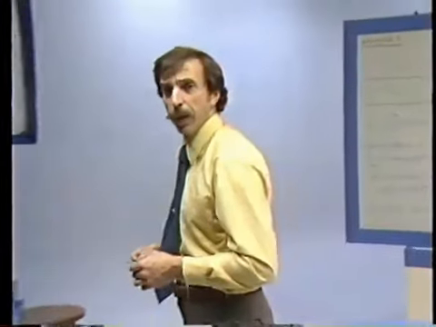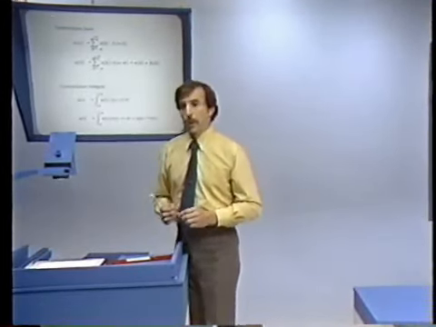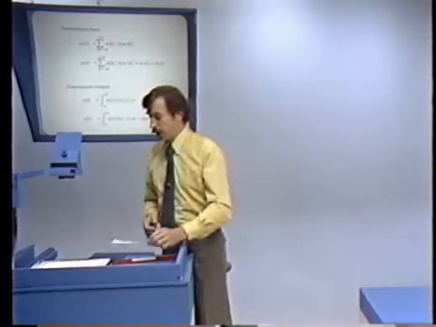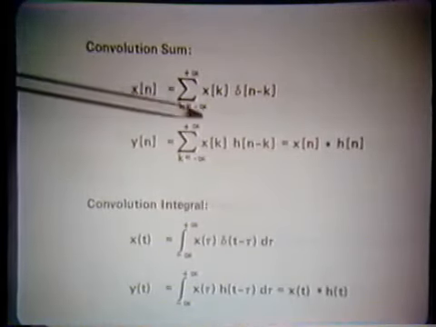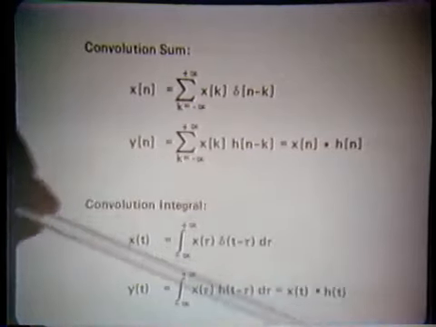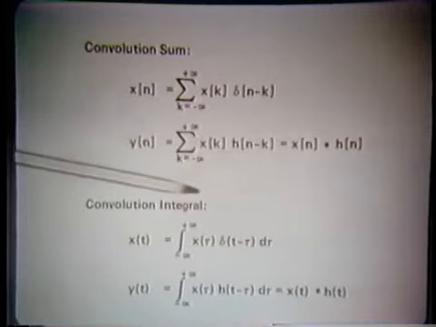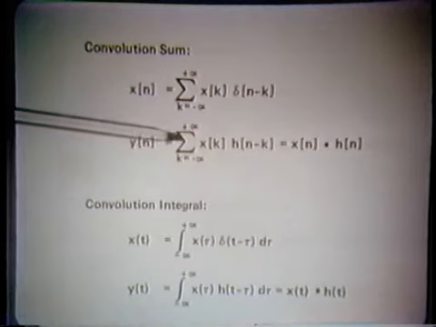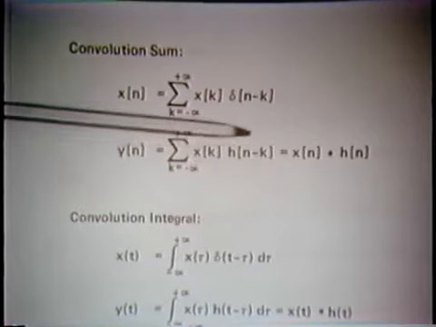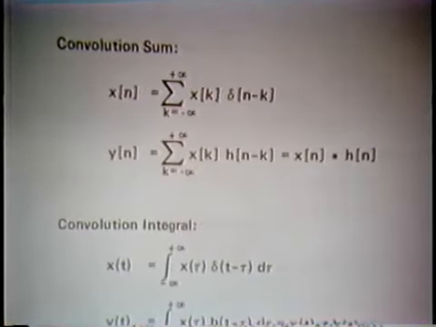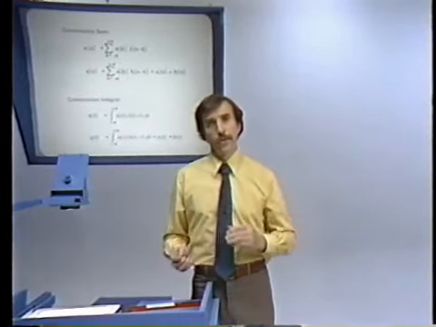Let me begin by reminding you of the basic result that we developed last time, which is the convolution sum in discrete time, as I indicate here, and the convolution integral in continuous time. What the convolution sum or the convolution integral tells us is how to relate the output to the input and to the system impulse response. And the expression looks basically the same in continuous time and discrete time.